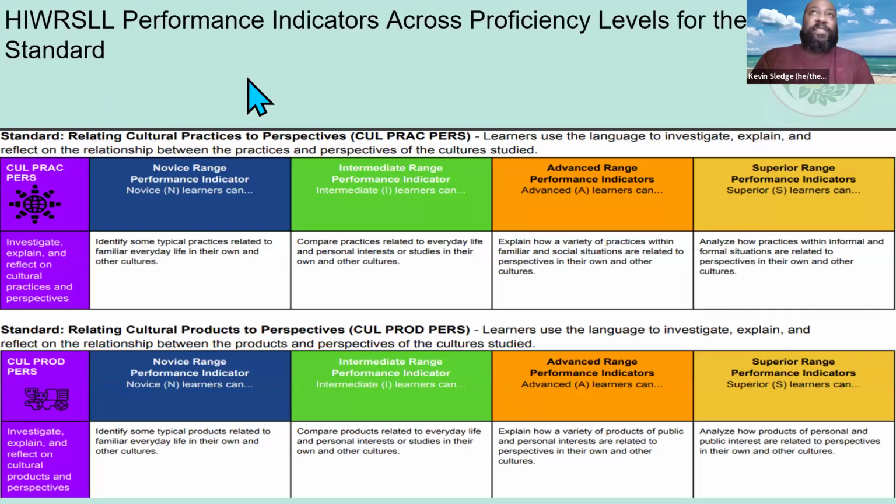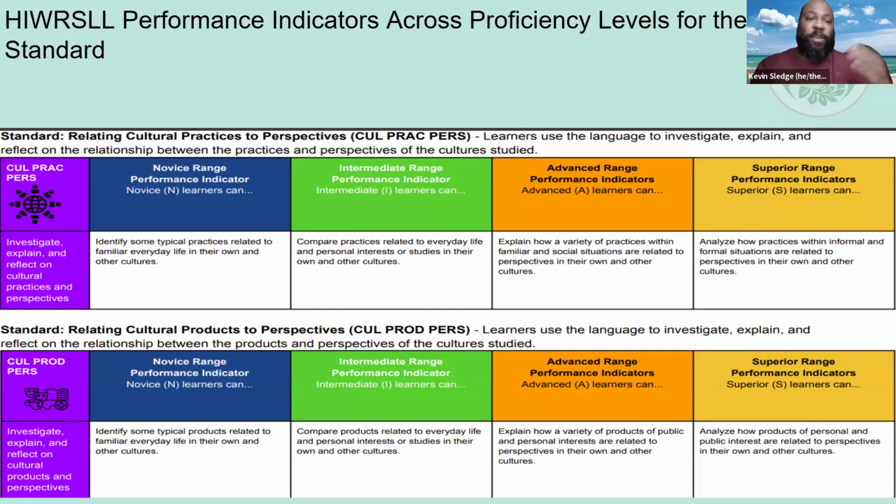And so as you are assessing culture and cultural understanding in your classrooms, the HIRSL, the document that you can find online, kind of gives us certain points that we can refer to when assessing our students, right? These are the proficiency levels, performance indicators, right? These are what students should be able to do.